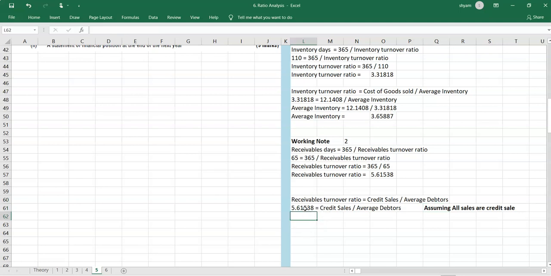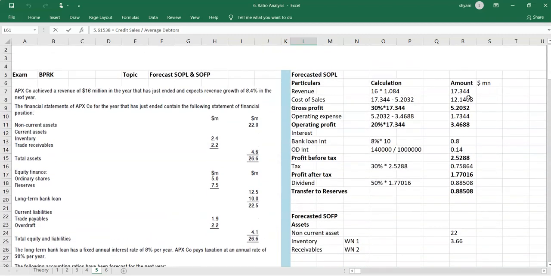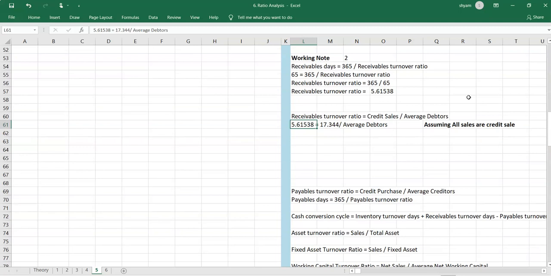If that is going to be the case, let's see what our sales are. It is 17.344. So we can get our answer now.